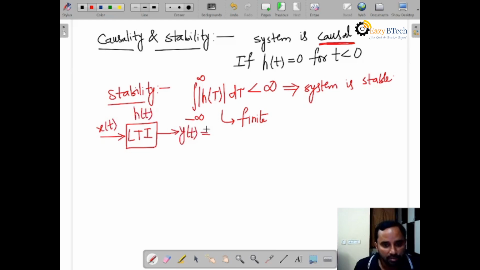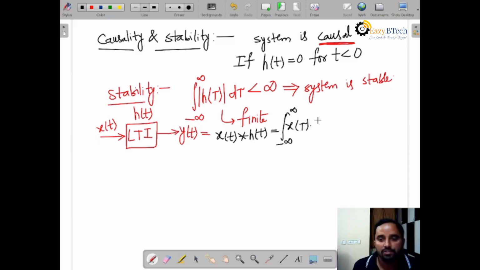The output is the convolution of the input with its impulse response, x of t convolution h of t, which is the integral from minus infinity to plus infinity of x of tau h of t minus tau d tau, or we can write it as the integral of h of tau x of t minus tau d tau.